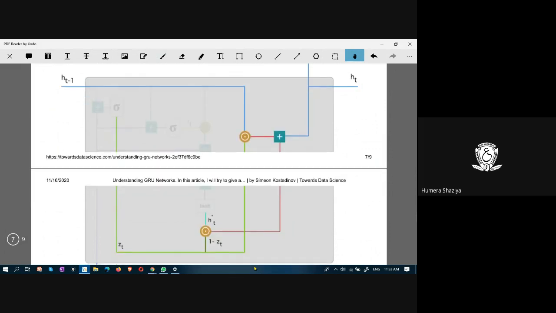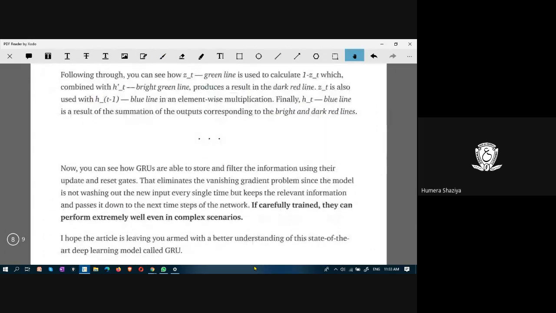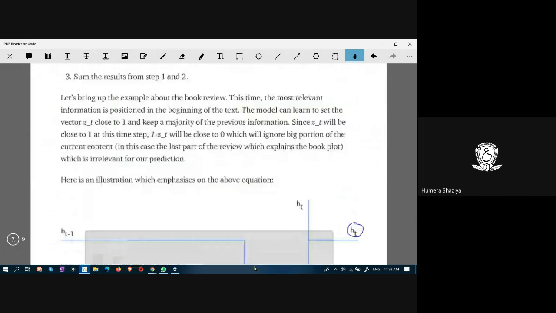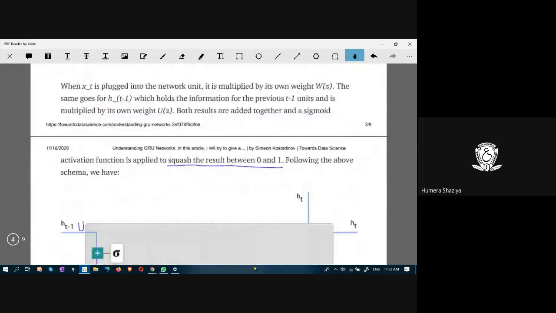You are getting here HT dash and this. When you perform sum, you get HT. It looks a bit complicated, but if you just go through it once, it becomes easy.